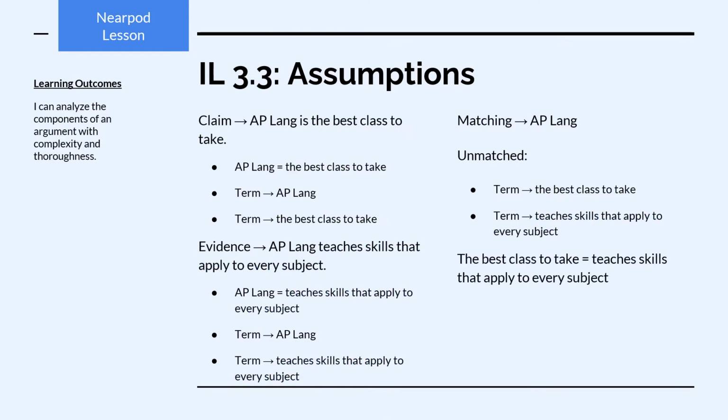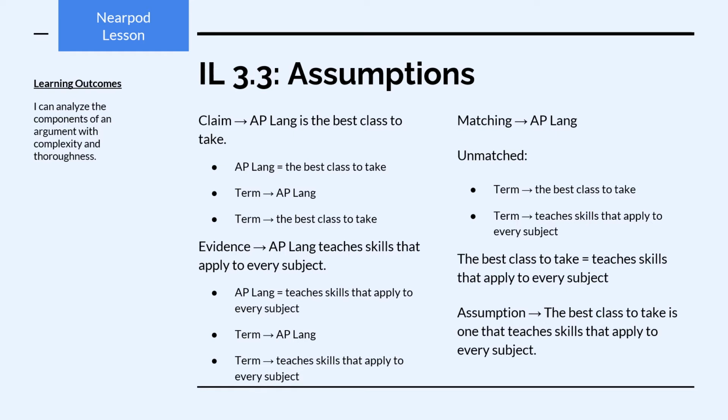In order to voice the assumption, I just need to connect those two unmatched terms together. So my assumption is going to be some kind of statement that means the best class to take equals teaches skills that apply to every subject. There's a lot of different ways that I could phrase this, but here is one sentence that connects those two terms. The best class to take is one that teaches skills that apply to every subject. So that's how I came up with my unvoiced assumption in that argument.